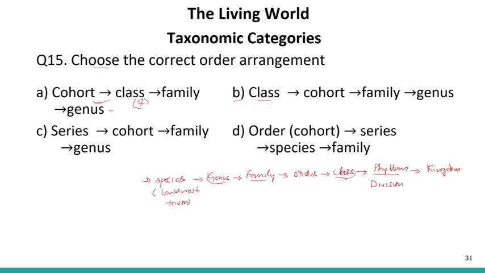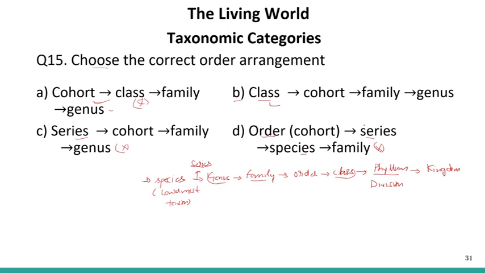If you look at the reverse, this should be correct. The next is series, cohort, family, and genus. This is also not correct. And the last option is order, series, species, and family. So this is also not correct.